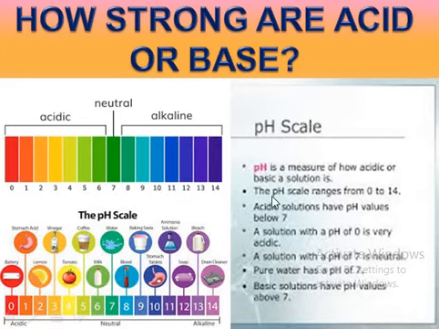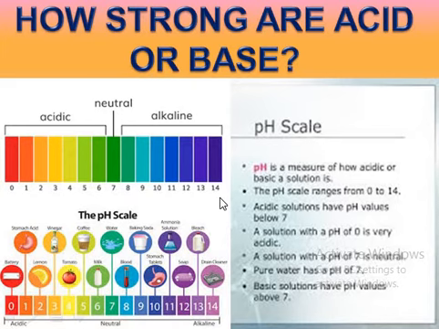You can see a colorful scale in front of you in the slide, with so many colors starting with red and ending with blue, and below it you can see markings starting from 0 and ending at 14.